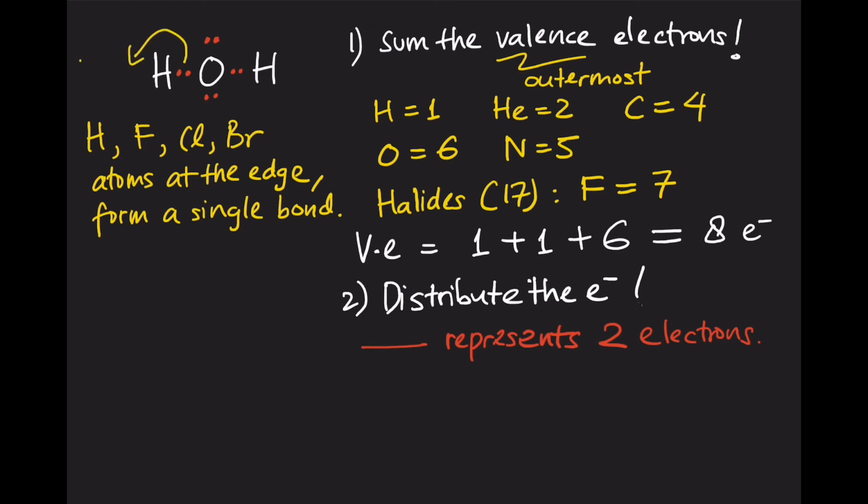This is what we call the bonding pair. And this one is what we call the lone pair, because this pair of electrons is not shared with anyone. Instead, it just belongs to the oxygen, which initially has the valence of 6. Now we have contributed and distributed all electrons at the correct places.